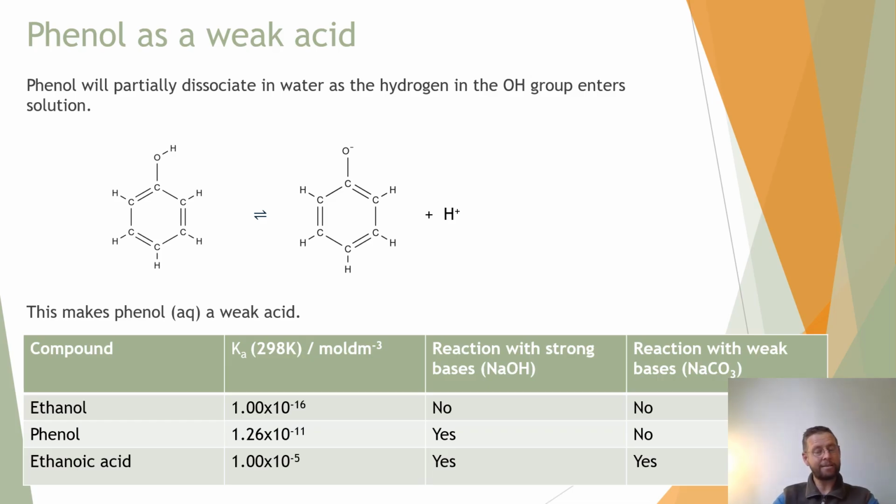It will not react with a weak base like sodium carbonate. Now, ethanol, as an alcohol, you don't normally consider to be an acid, but indeed it is a very weak acid. It's very difficult to get that hydrogen to leave, but it will, just not in any great way, and so we don't see it reacting with things like sodium hydroxide or sodium carbonate.